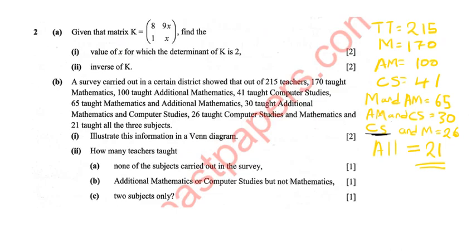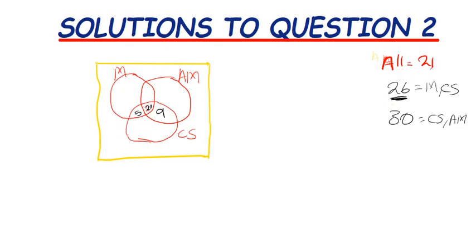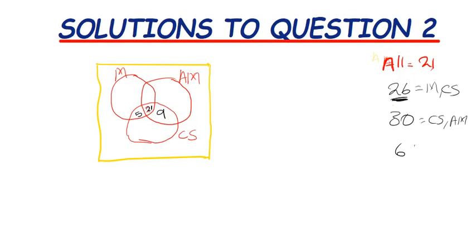Now you proceed. We have gotten this. Now they have said mathematics and additional mathematics, they are 65. So you go to the next one. They have said 65, all those who took mathematics and additional mathematics. As we can see, we already have 21 who did mathematics and additional mathematics, so we simply say 65 minus 21, which gives us 44.